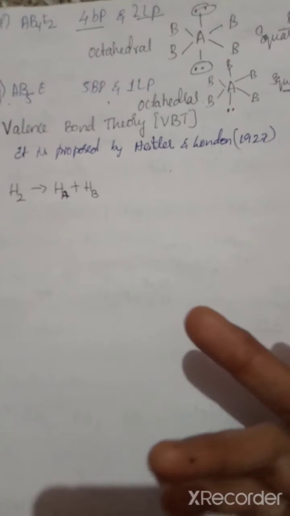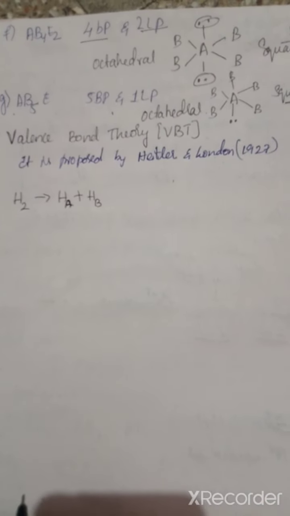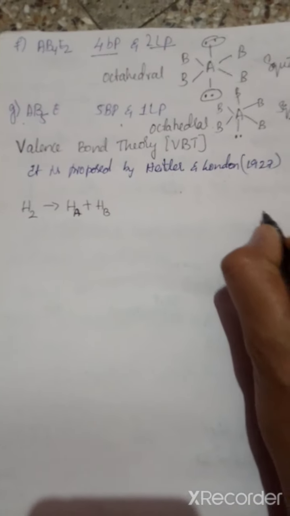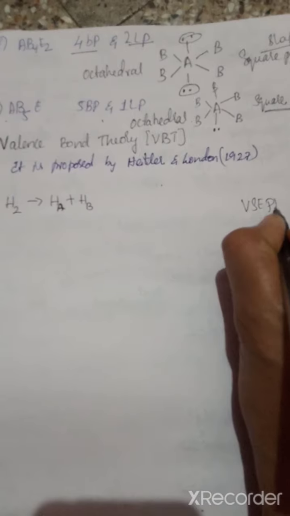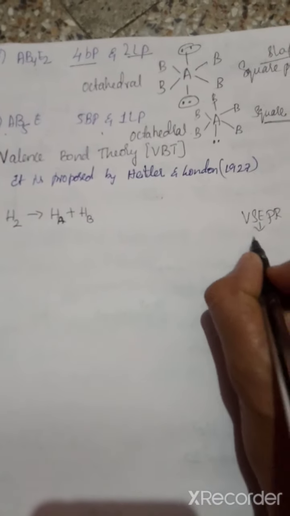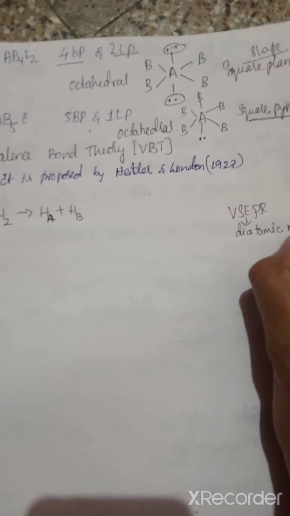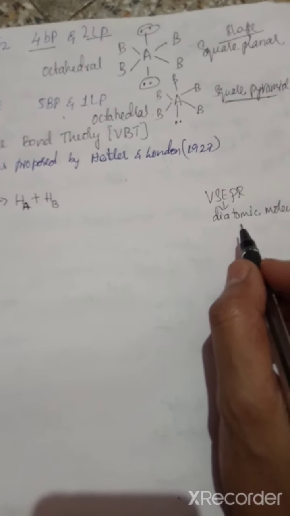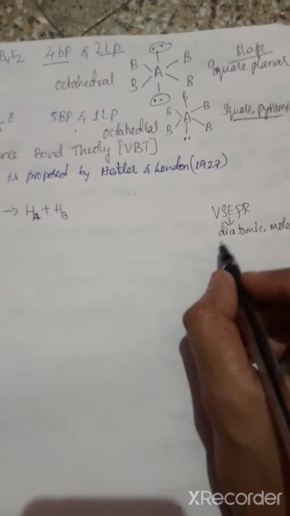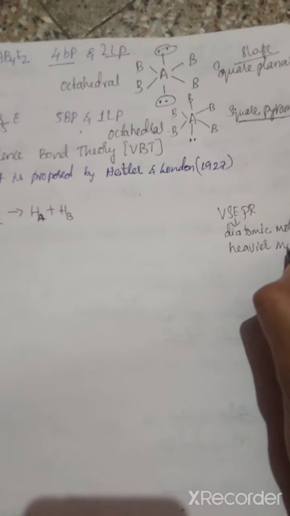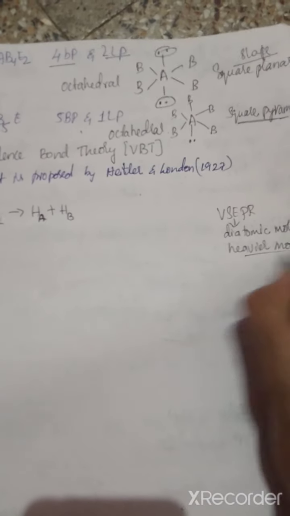When it comes to the limitations, VSEPR theory is only applicable to diatomic molecules, and it fails to give a simple explanation about heavier molecules. This is the limitation.